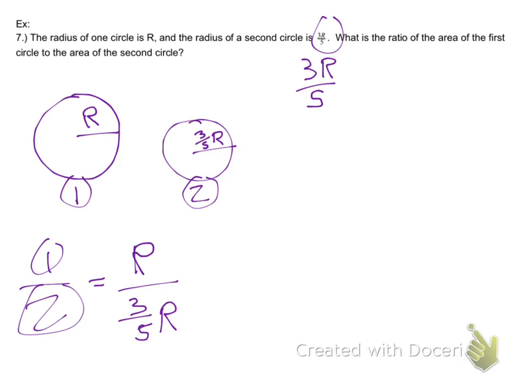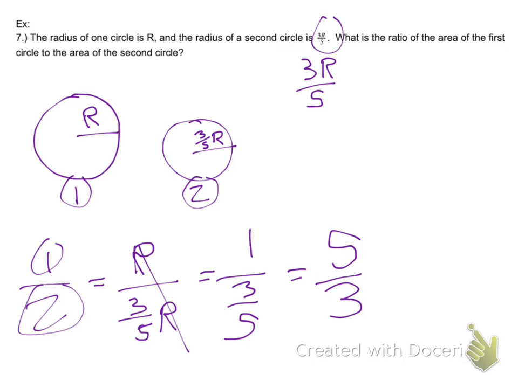Yeah, the r's are going to cancel. So you're still left with 1 over 3/5. I don't like to divide by fractions, so I multiply by the reciprocal, so this actually becomes 5 over 3. That is your scale factor. I now take this and do what?